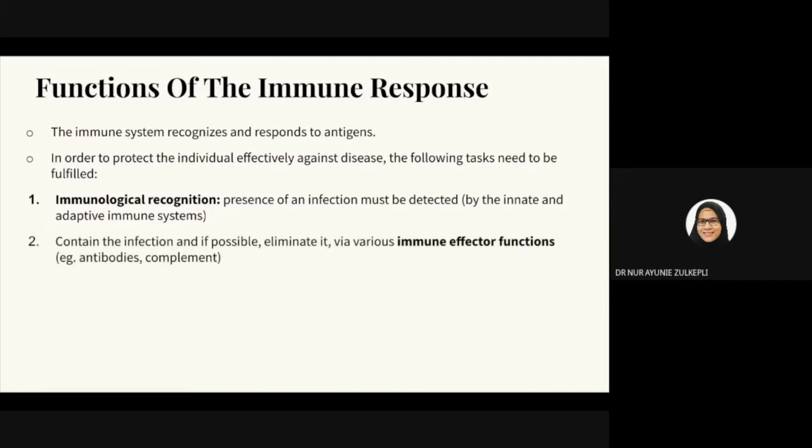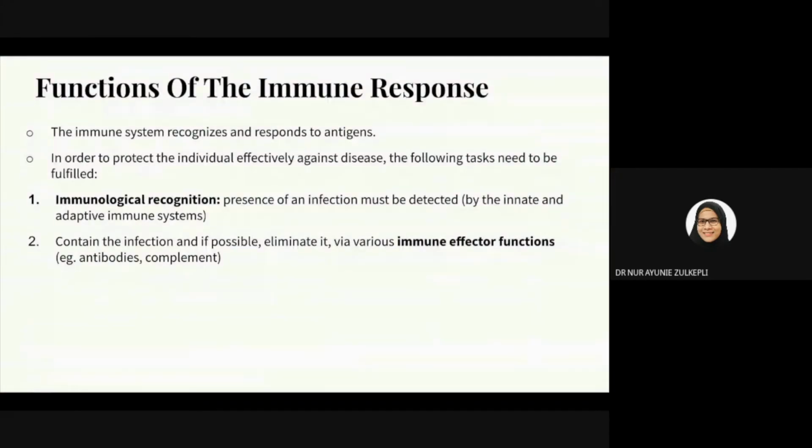Okay, and second, once the body has already recognized the foreign particle or pathogen, it will contain the infection, and not only contain, it will eliminate it. Some pathogens we can eliminate in our first line of defense. But some very potent pathogens, for example viruses, we cannot eliminate using the first defense mechanism.